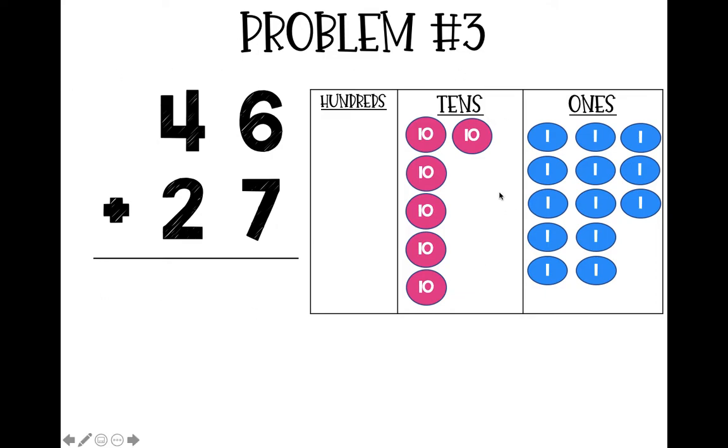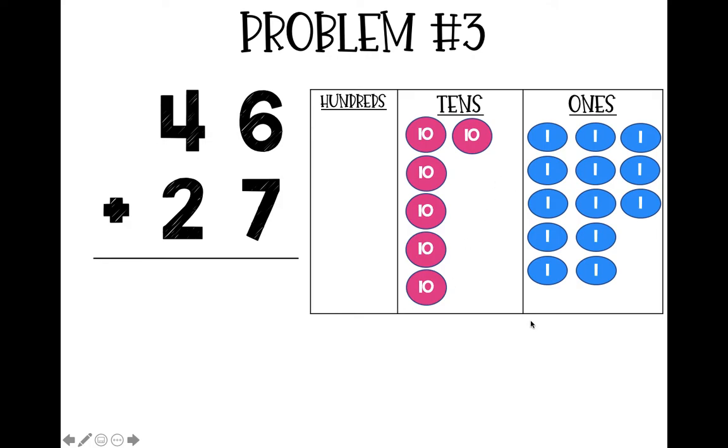Now our place value chart matches our vertical form so far. Our vertical form told us to add 46 plus 27, and our place value chart now shows 46 and 27.